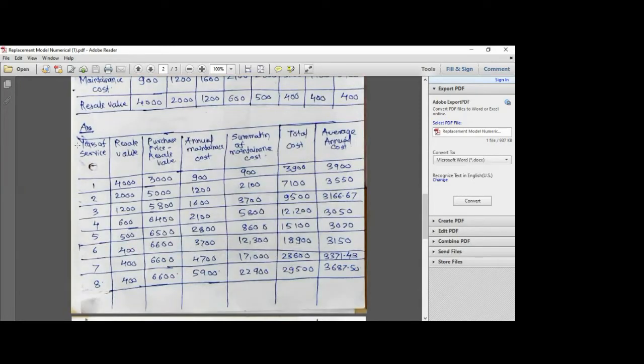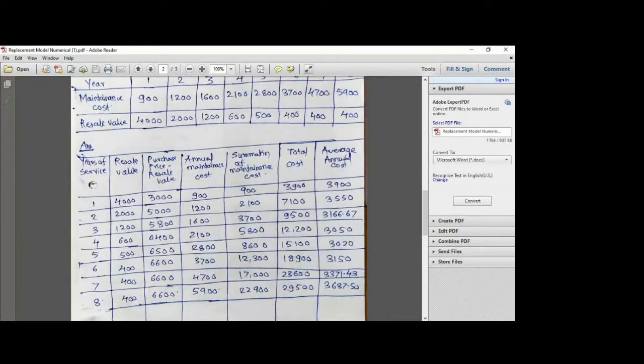I'm hoping that up to these three columns, you have understood what we have done. Next, we are going to consider the annual maintenance cost. The maintenance cost for every year is already given to us in the numerical.